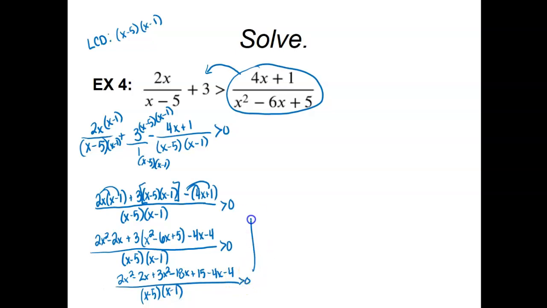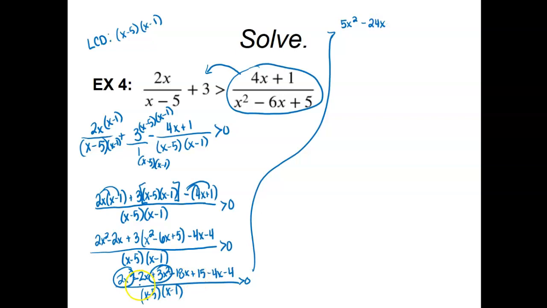And so let's move up here. If we combine our like terms, we've got 5x squared right here. When we put these two together, we're going to have, let's see, that's a minus right there. So we've got a negative 2x and negative 18x and a negative 4x. So that's going to give us minus 24x.